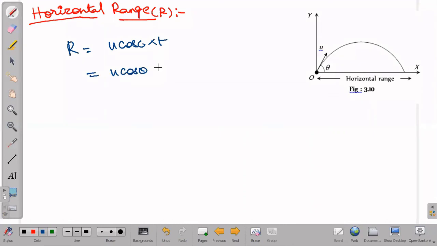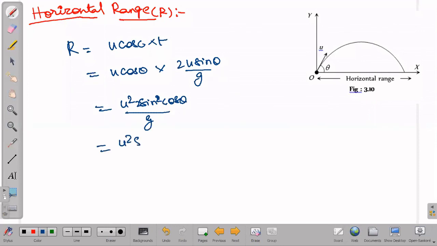U cos theta into t, we got 2u sin theta by g, right? 2u sin theta by g. Now if we solve this, u square into 2 sin theta cos theta by g we will get. So that means u square sin 2 theta by g is our horizontal range.